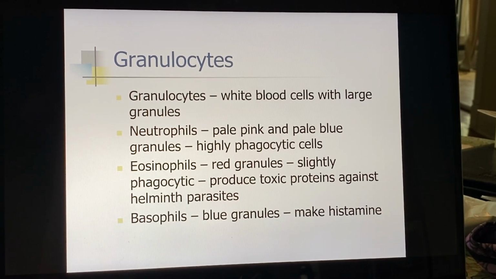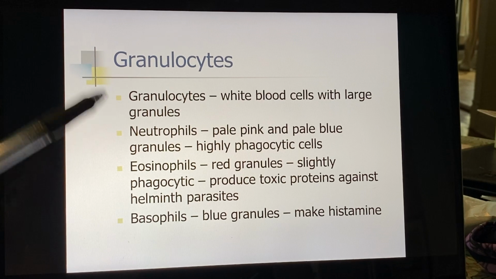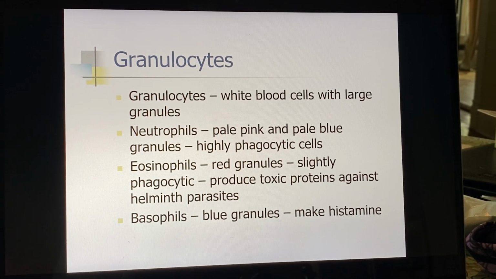The ones that we are going to talk about the most, and which are most predominant in your immune system, are the neutrophils. Another term that you're going to hear me talk about a lot is phagocytosis, which we touched on briefly in chapter 6. Phagocytosis is the process of cells engulfing material. You can kind of think of it as cells eating.